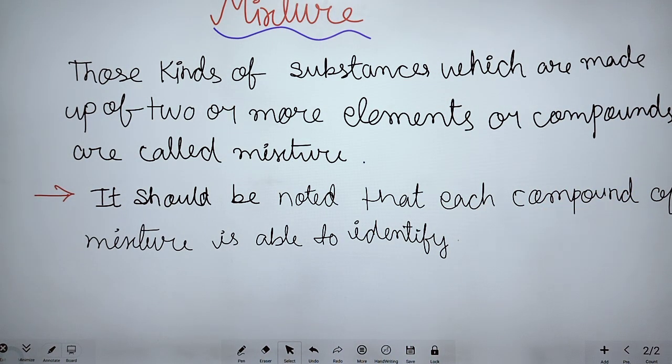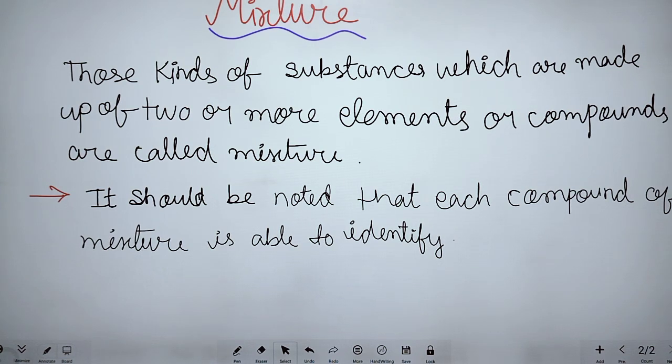It means each component of mixture is able to be identified.